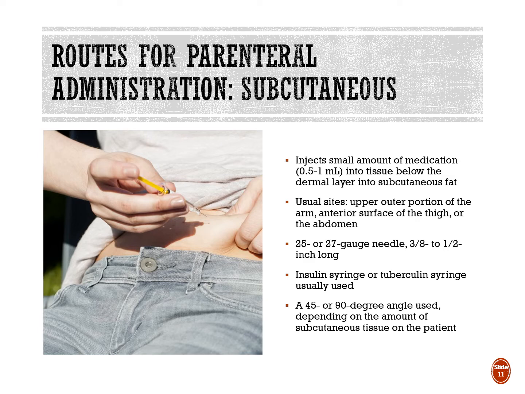A 27 gauge needle, about 3/8 to 1/2 inch in length, or a 25 gauge, 5/8 inch needle is typically used. The needle should be inserted at a 45 to 90 degree angle, depending on the needle length and the patient's size. The needle size will also depend on the patient's body size. These sites are used for medications that need slow absorption for their sustained action.